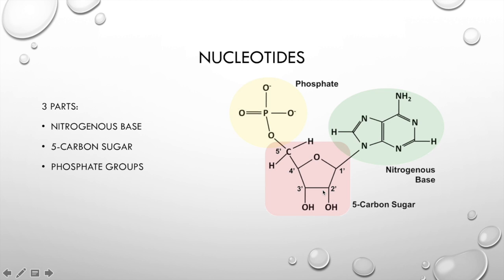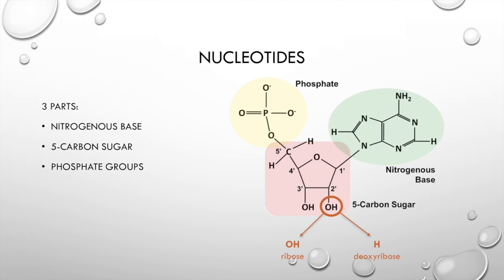And so, depending on whether we're looking at the RNA nucleotide or the DNA nucleotide, it could either be the deoxyribose sugar or the ribose sugar. And the sugars just differ in this chemical group at the 2' carbon. If that chemical group is an OH, it's going to be a ribose sugar, and if that chemical group is an H, it's going to be a deoxyribose sugar.